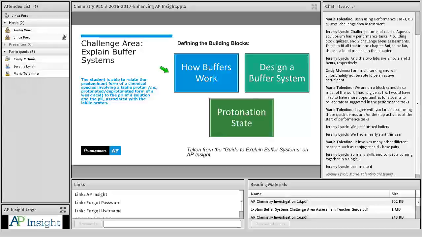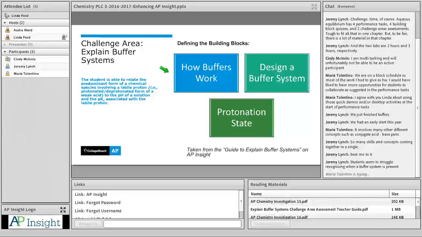So on this slide, what you can see is that this challenge area is broken into three building blocks, and those are, of course, how buffers work, design a buffer system, and protonation state.